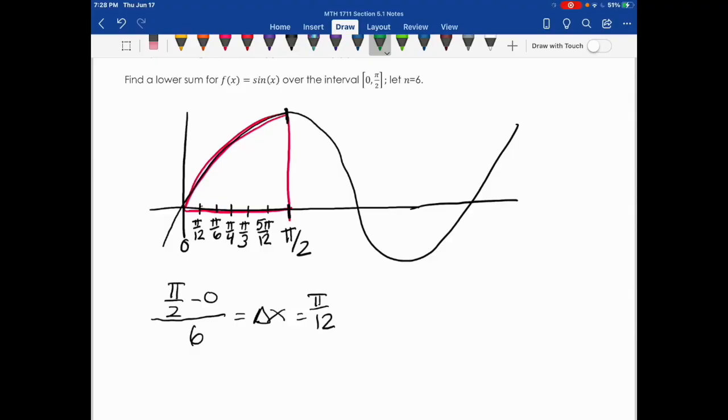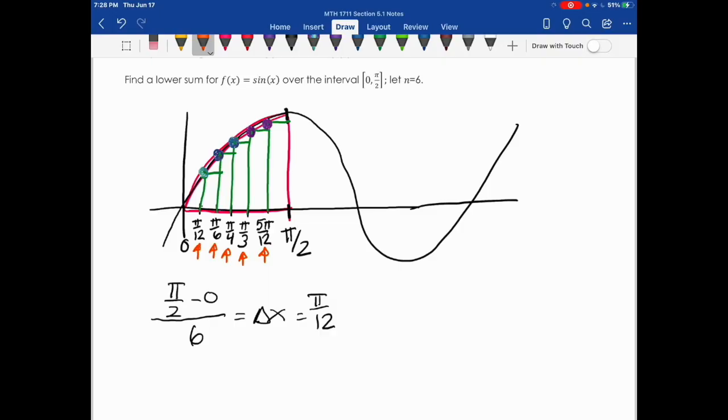And so now, when I create my rectangles, because I want to make sure that I'm doing a lower sum, I want my rectangles to be below the curve and do an underestimation, I'm going to have to do a left-hand endpoint. Here are my rectangles. And so let me highlight. These are going to be the endpoints that I use to find the height of my rectangle.